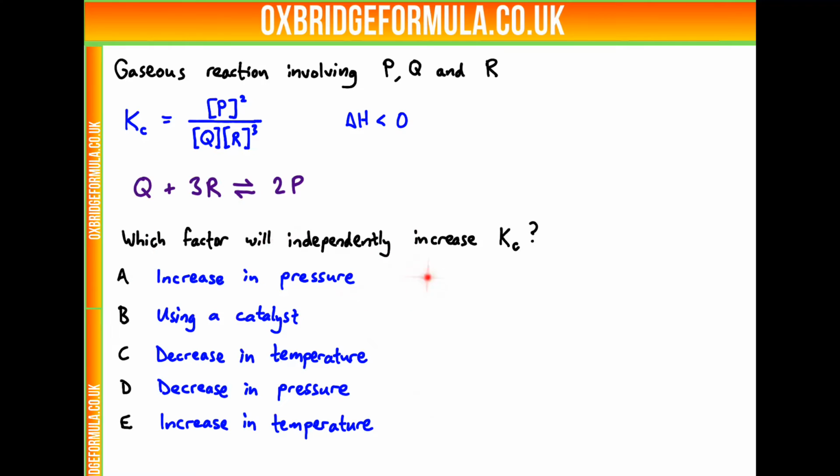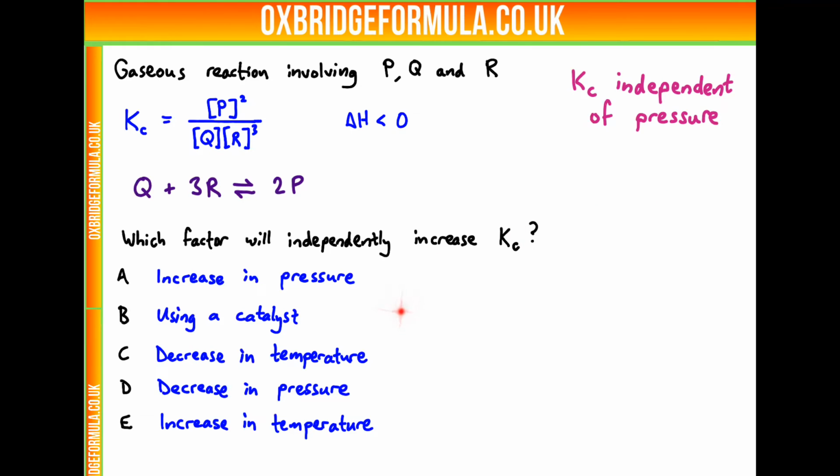So firstly, do we think increasing or in general changing the pressure is going to affect Kc? Well, what do we know about equilibrium constants? Well, they're called a constant for a reason, and one of those is that they are always independent of the pressure.